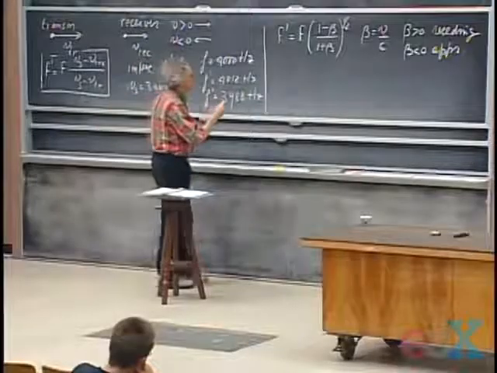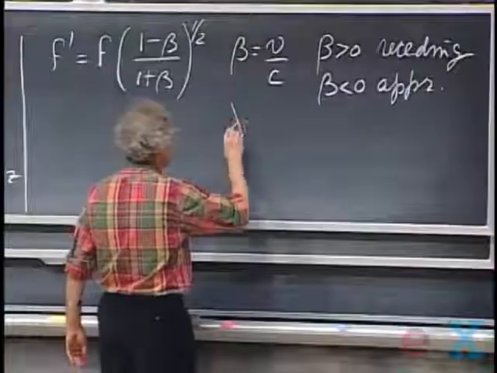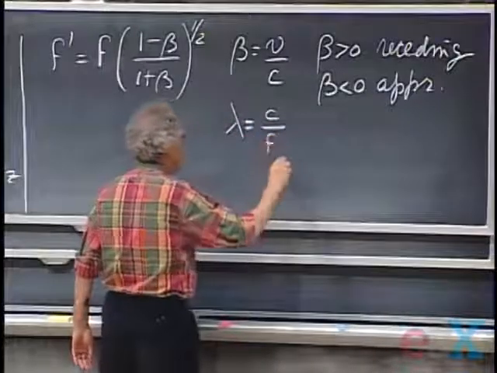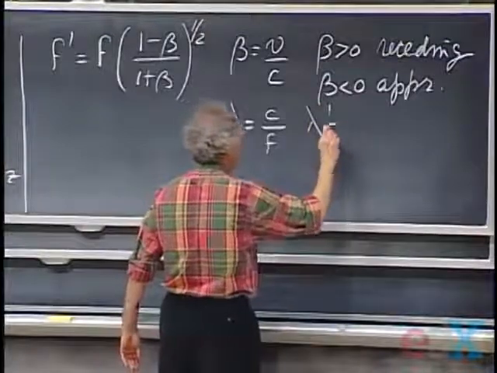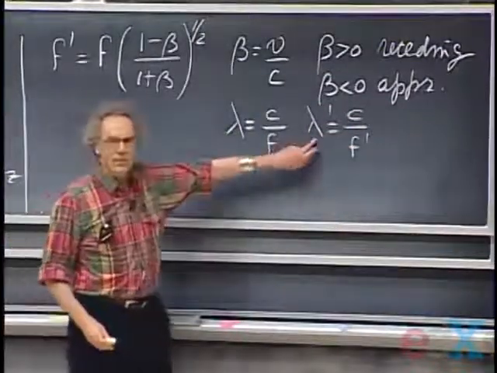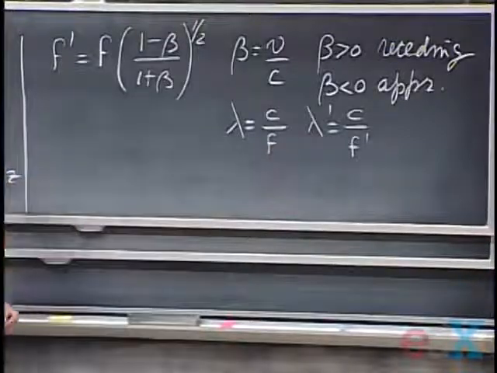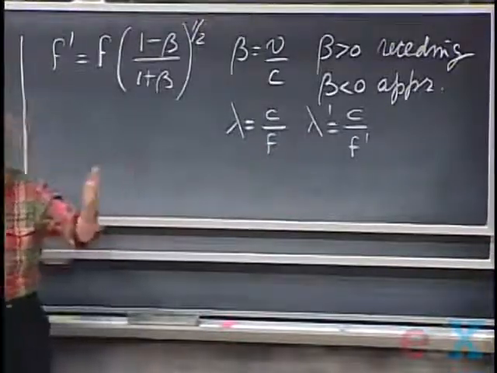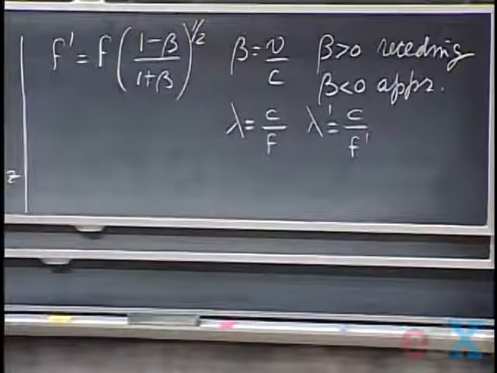If we are in vacuum, then lambda equals c divided by f, and so lambda prime equals c divided by f prime. Lambda prime is now the wavelength that you receive, and lambda is the wavelength that was emitted by the source.